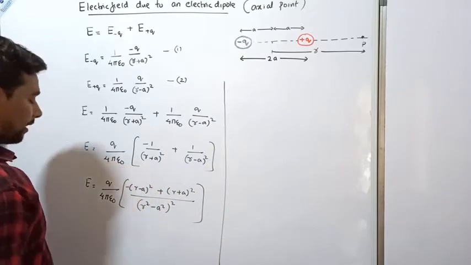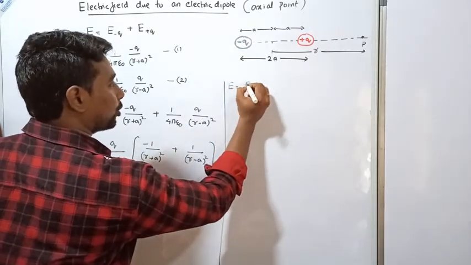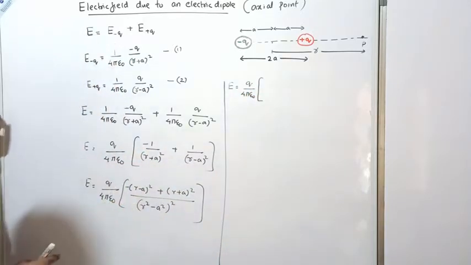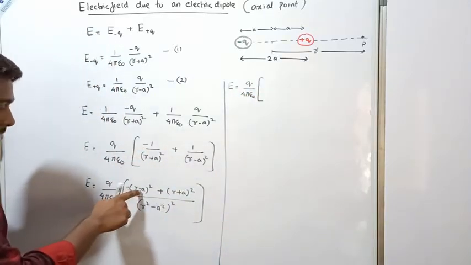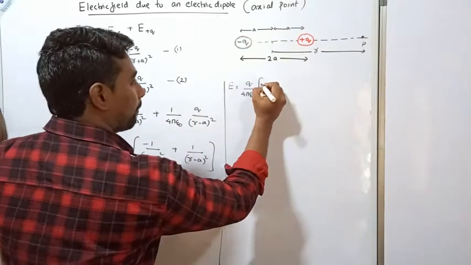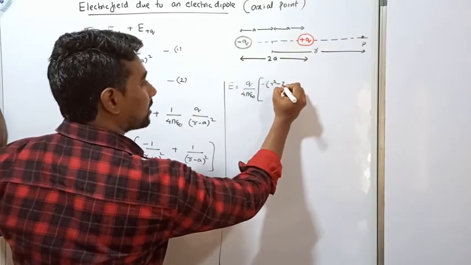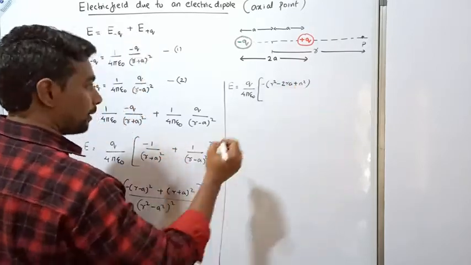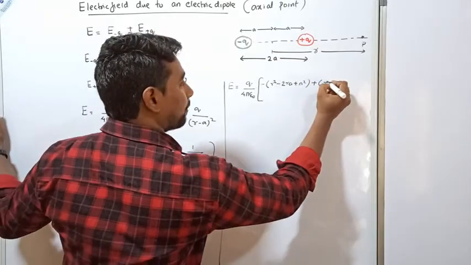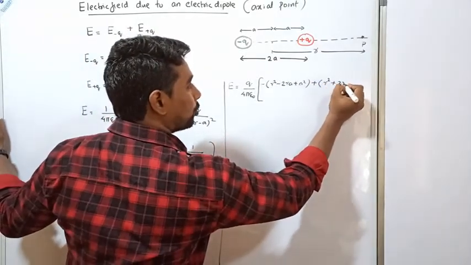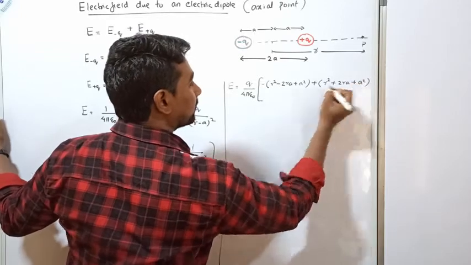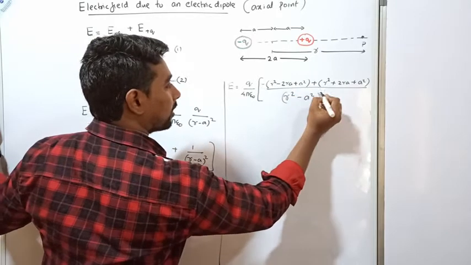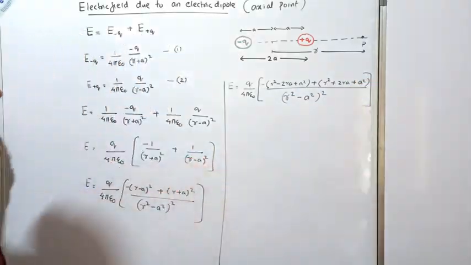If you further expand, you will get the electric field equal to q by 4 pi epsilon 0 times minus of (r square minus 2ra plus a square) plus (r square plus 2ra plus a square), whole divided by (r square minus a square) the whole square. Got it?